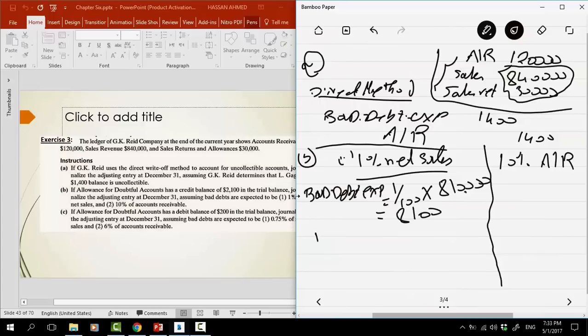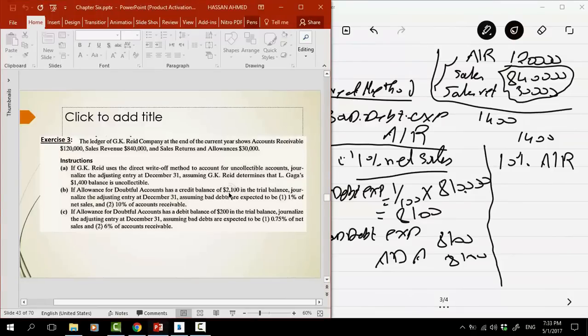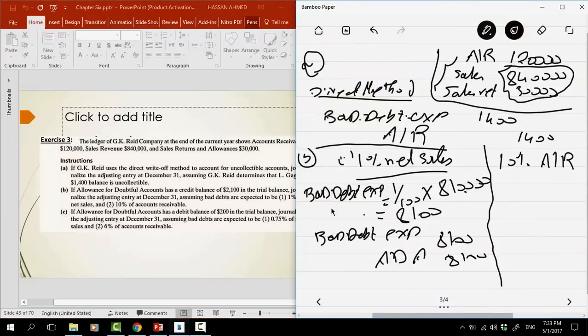Then we will record bad debt expense and ADA 8,100. You will tell me that the ADA credit balance was 2,100. In the percentage of net credit sales, we ignore the balance of the ADA.